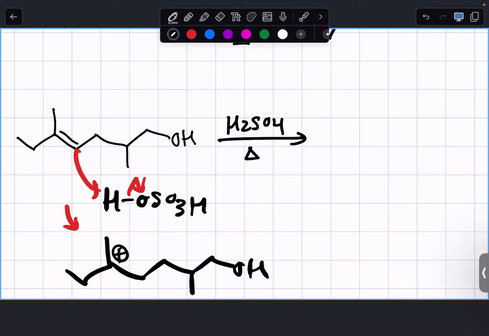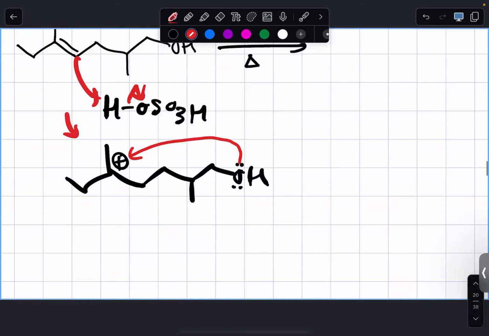We have no water, alcohol, or Br or Cl here, right? But we do have something within the same molecule as the electrophile, which is an alcohol. This alcohol here has two lone pairs of electrons where it could attack that carbocation right there. This is an intramolecular reaction.